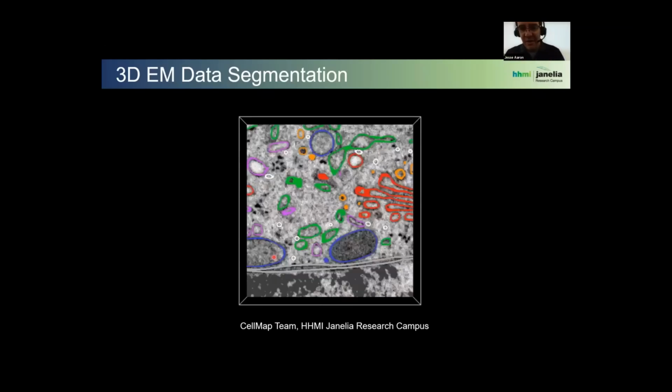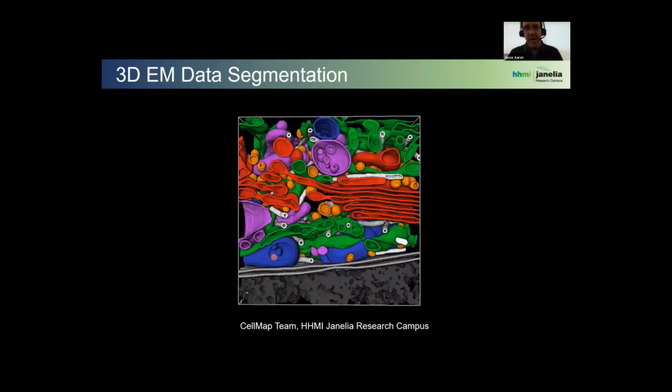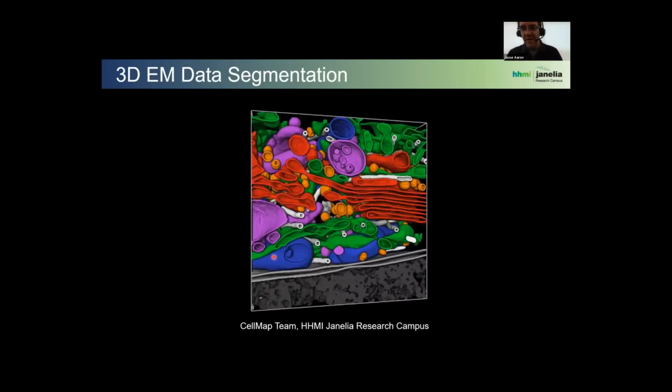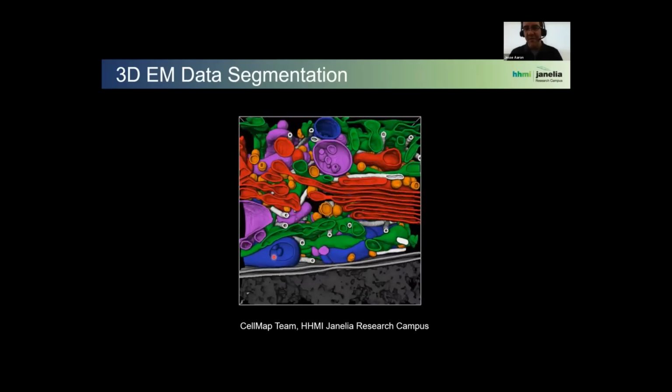We want to be able to take these images and create organelles out of this, and then further on say something fundamental about the images we're looking at from a biological perspective. And this is certainly no mean feat.